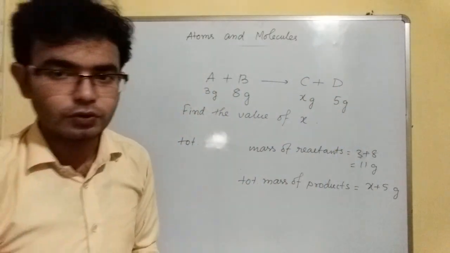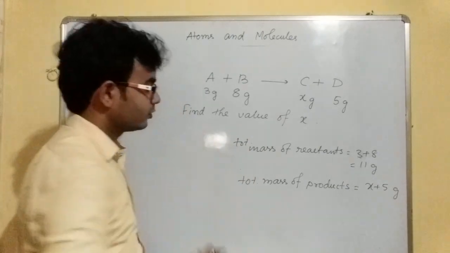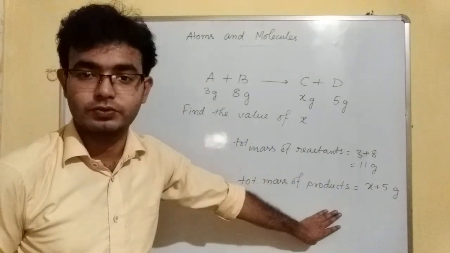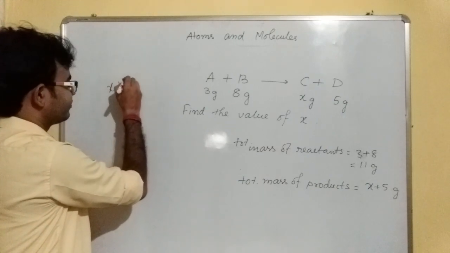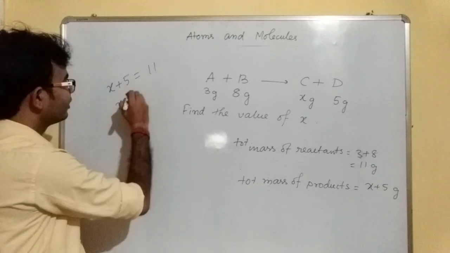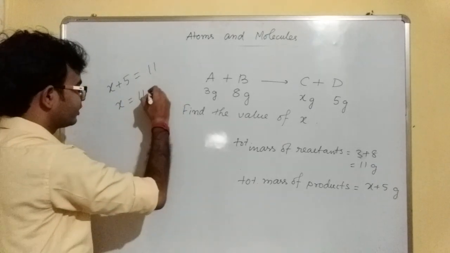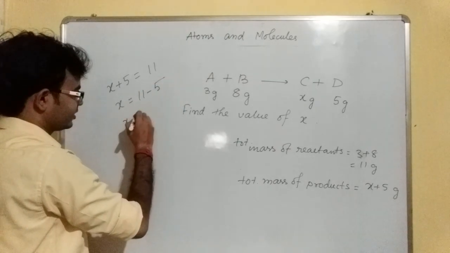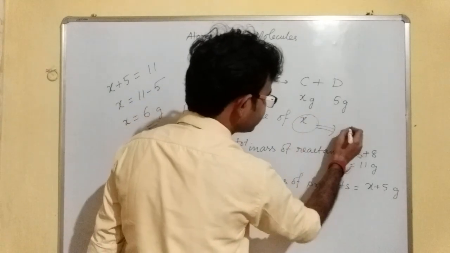Correct? As we know that total mass of reactants and total mass of products are equal, that's why we can write X plus 5 is equal to 11. Now X is equal to 11 plus साइन इस तरफ आता है तो माइनस हो जाता है. 11 minus 5, X is equal to 6. So the answer of X is 6.